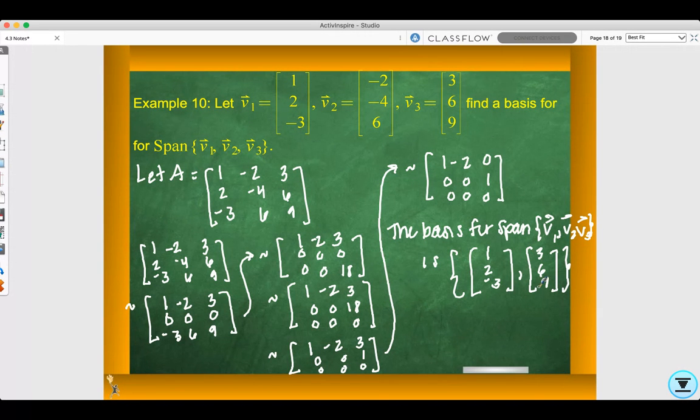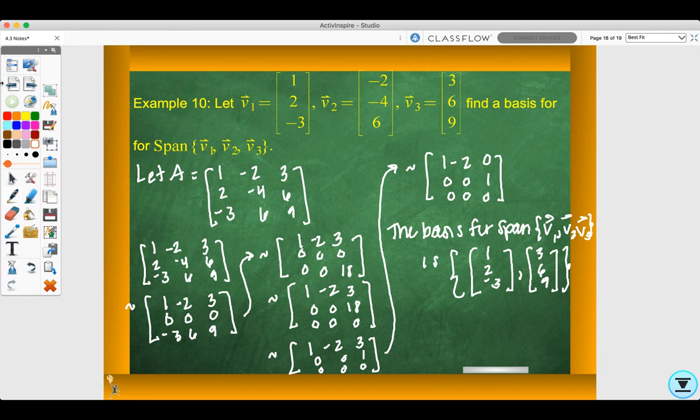So that's my basis for the span of V1, V2, V3.